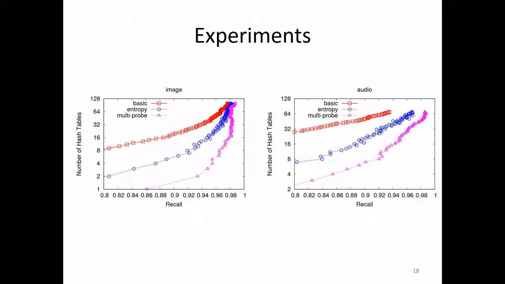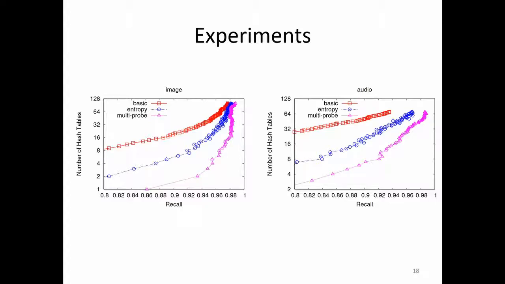Whereas the entropy based LSH depends on how many times you do the sampling, and the number of times you sample increases your time complexity, and remember, this is complexity at query time.